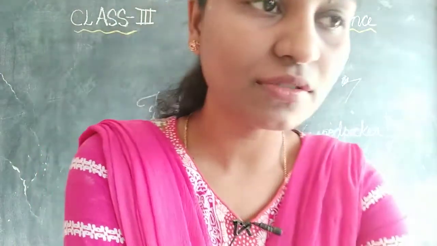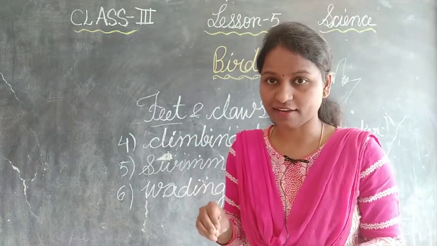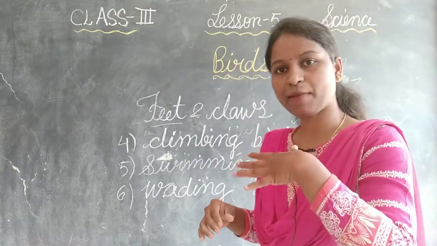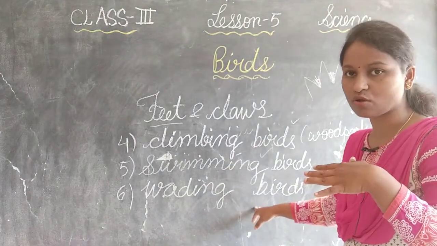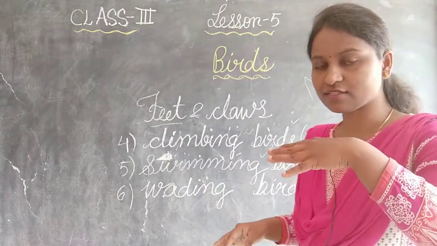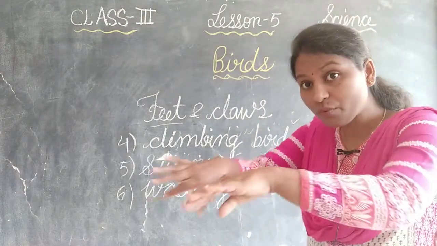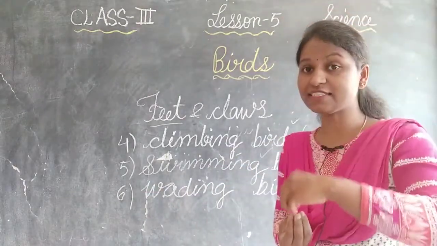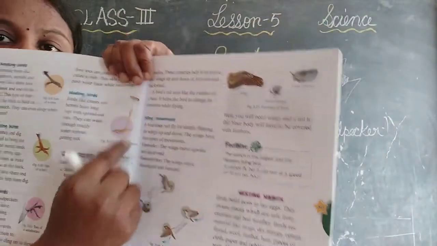Just as the webbed feet spread, in the wading birds the claws are also spread out, so without getting wet they can wade through the water. That is the reason herons have long and slender legs.